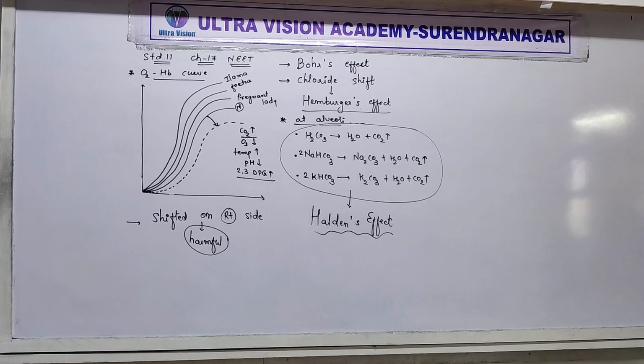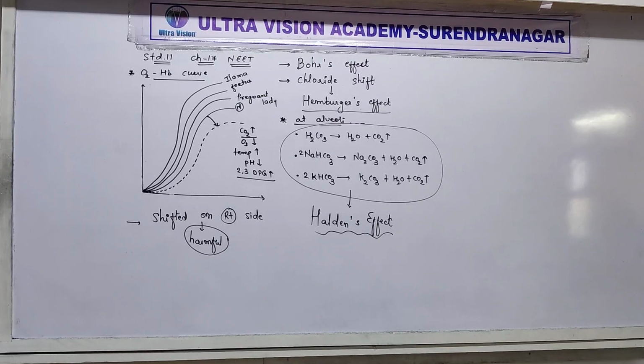Catch the words, only then will you understand. After inspiration, in alveoli O2 is more, CO2 is less. Fine. O2 is now moved from the alveoli to blood.